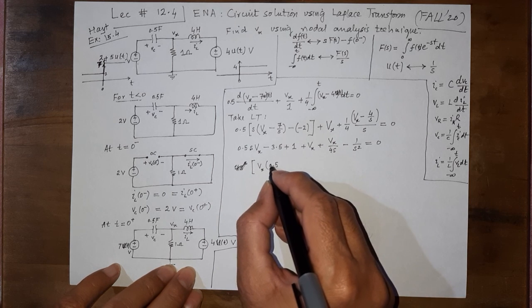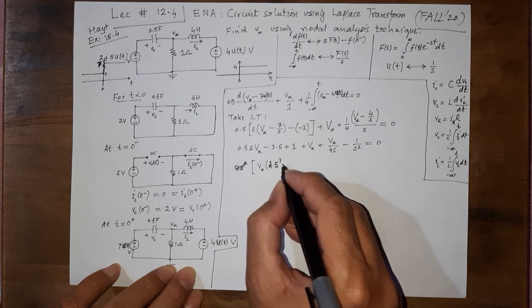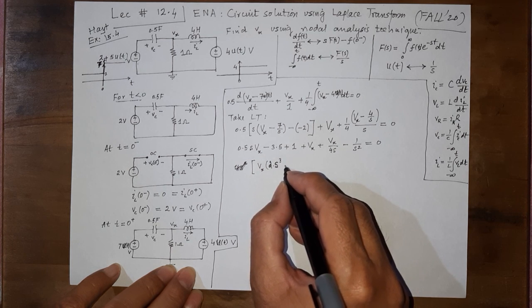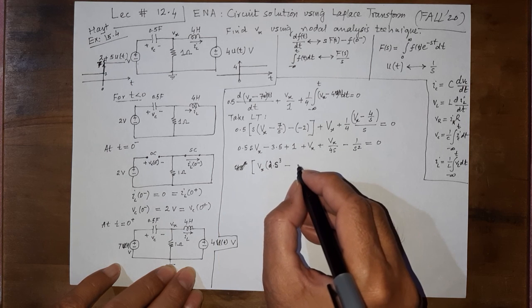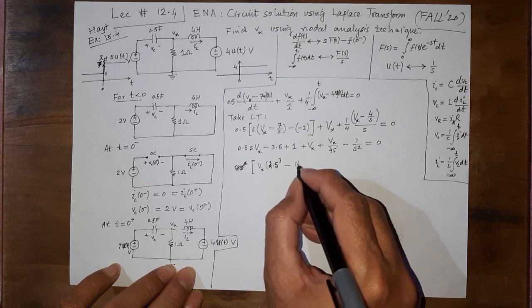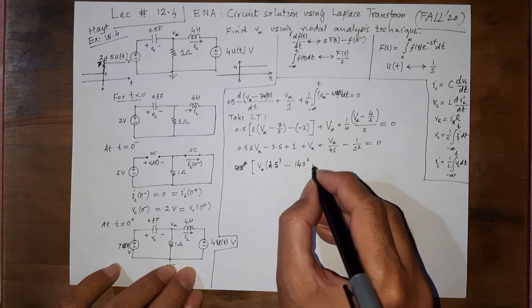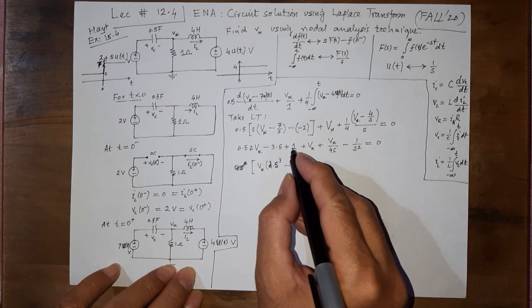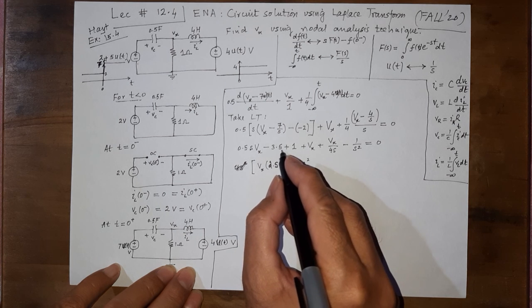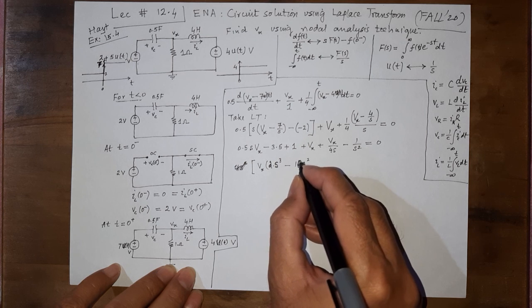So it comes in, it becomes 2s cube minus 4, 3, 12, 14 s square minus, this is minus 2.5 actually, 2.5 into 4 is 10.